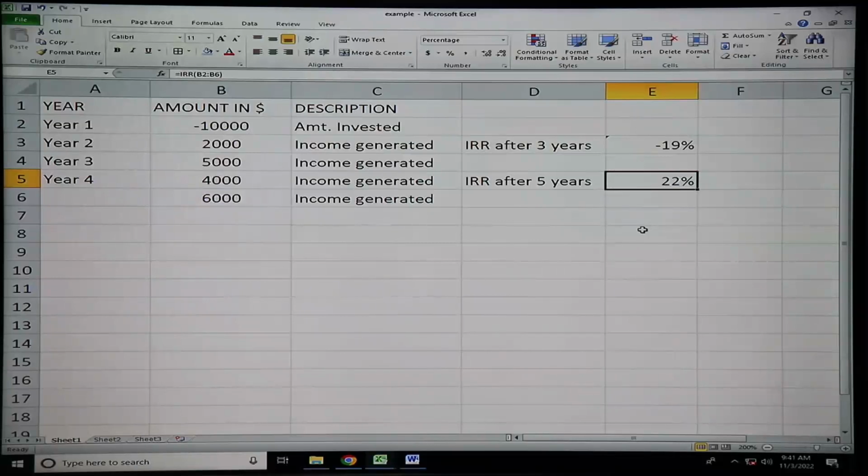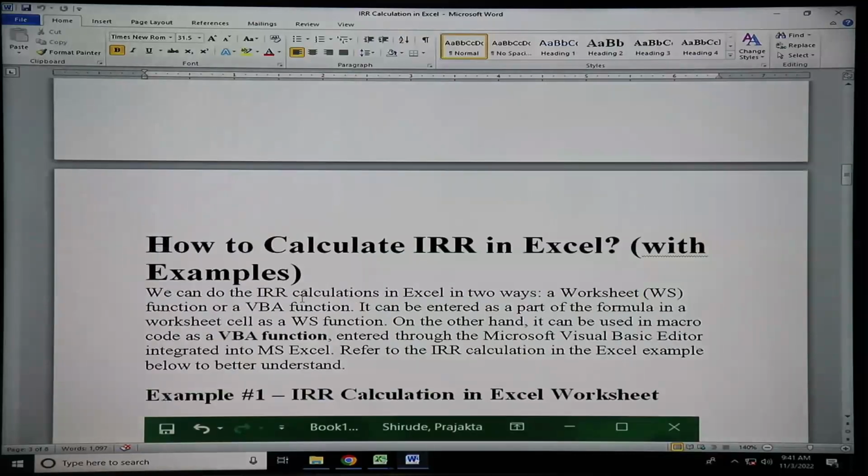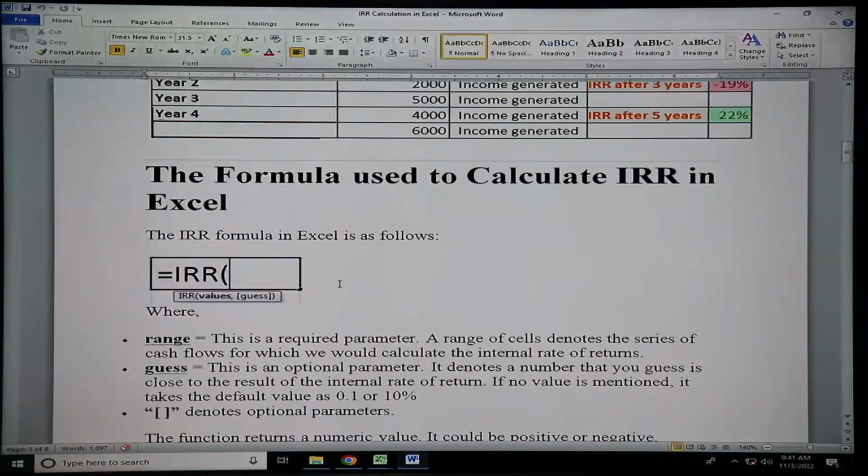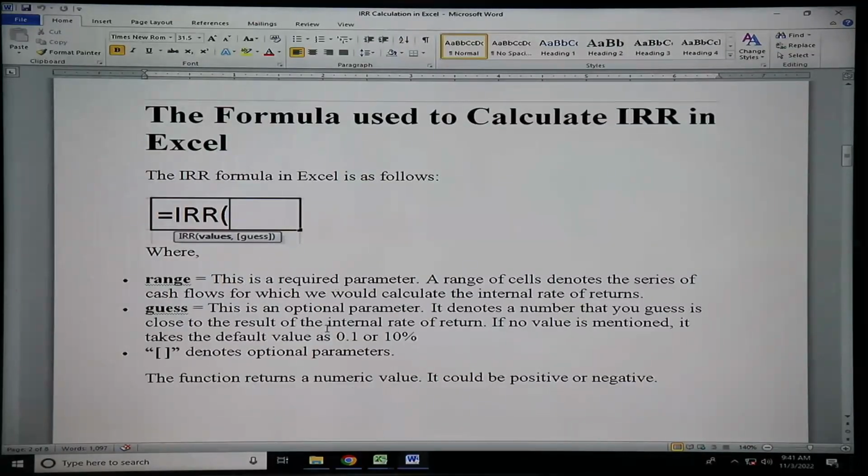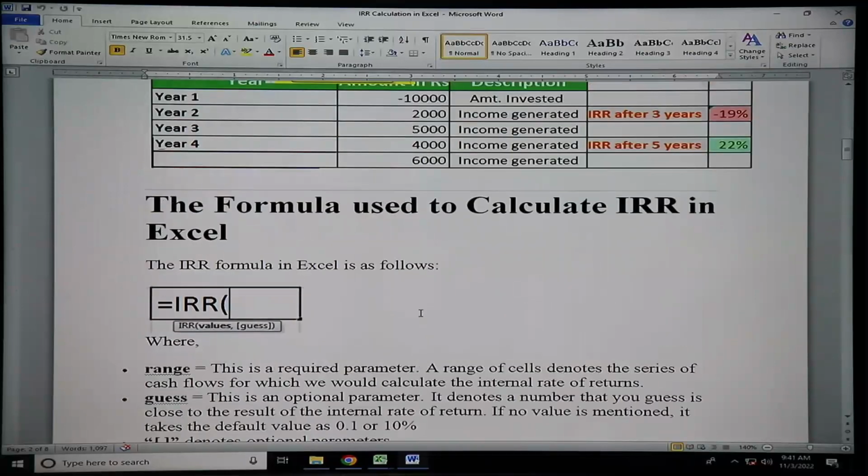Notice that now it gives us a positive value, because we have said that it can give a negative value or a positive value. So let's go back here, where we say this function always returns a numeric value. It could be positive or negative, depending on the cash flow, that is the series of numbers that you have.